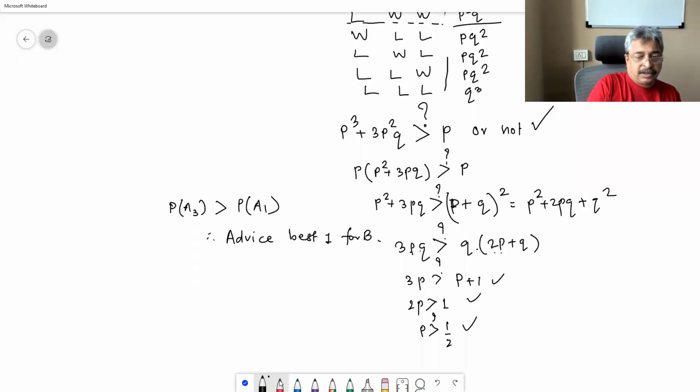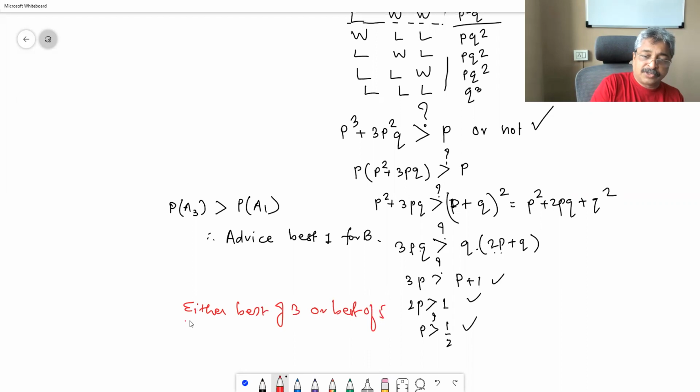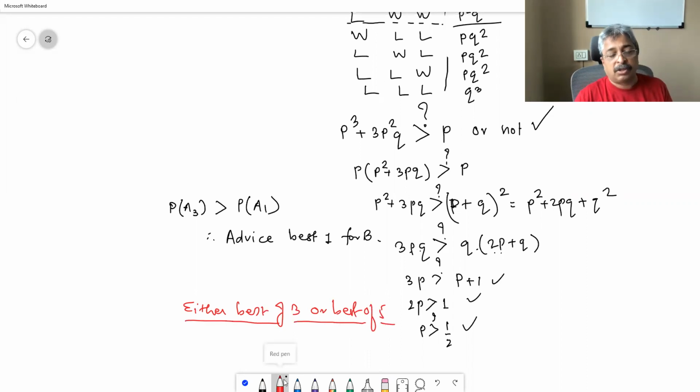Okay, next is either best of 3 or best of 5. What advice will you give to player B based on your probabilistic calculations?